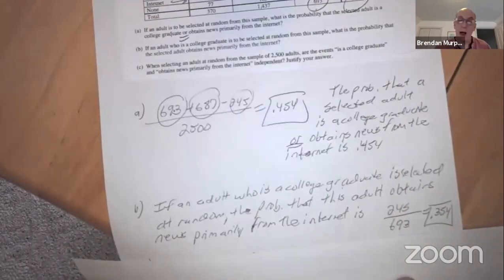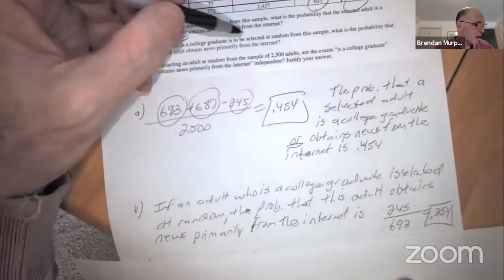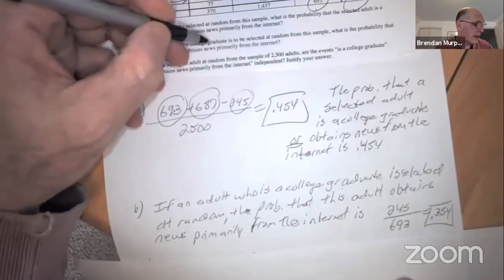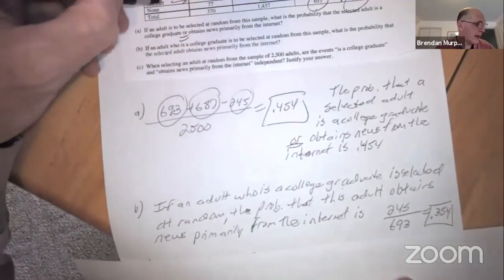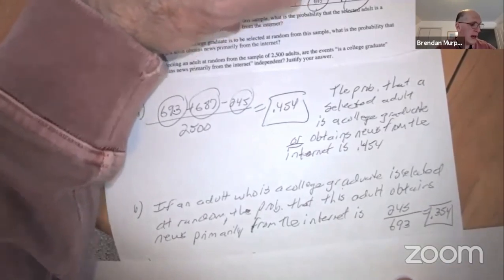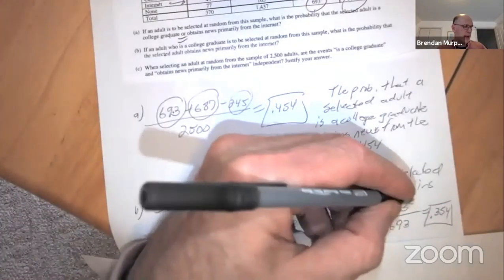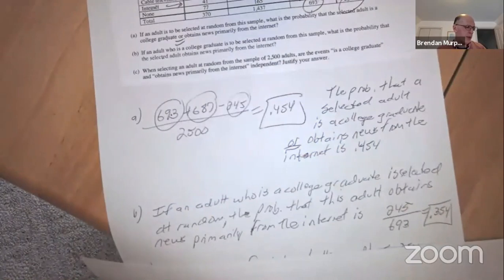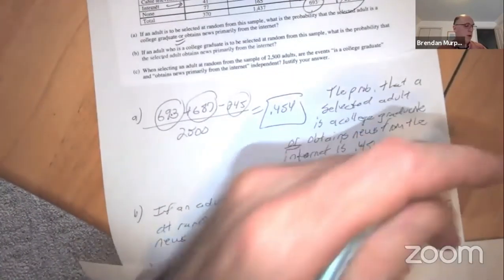There's my condition. There's 693 who are college graduates. What is the probability that the selected adult obtains the news primarily from the internet? Again, 245. So my final answer is 245 divided by 693, 0.354.